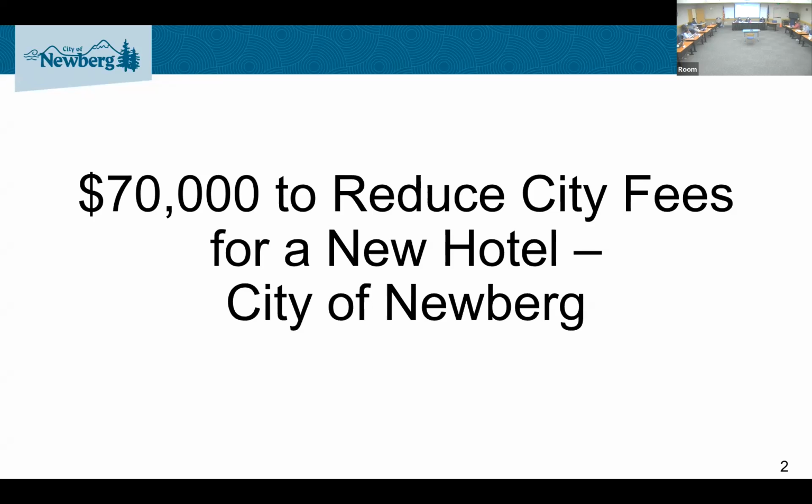Over a 10-year period, we're estimating about a little over $3.6 million of transient lodging tax revenue that would come into the city. 35% of that revenue goes to tourism, marketing, and promotion activities. The balance of that, 65%, goes into the general fund. In addition, there's a minimum of about $12,000 in property taxes that would be generated by the new hotel.